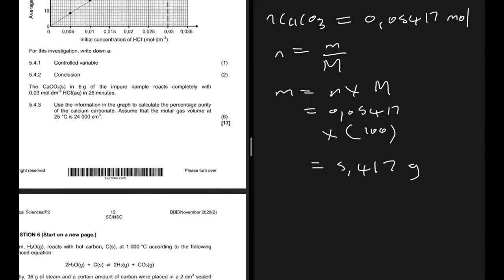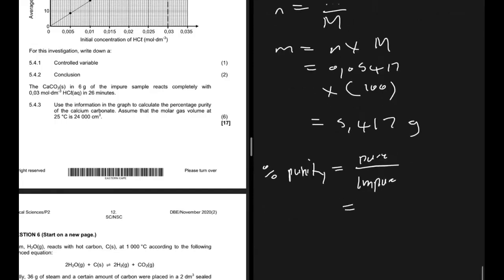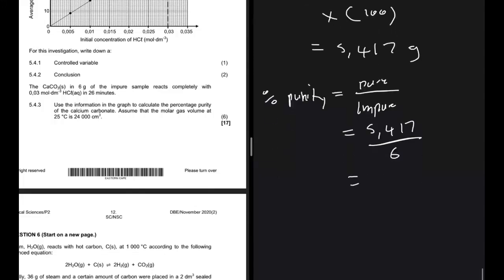So to find percentage purity, we're going to say percentage purity equals pure substance divided by impure, right? The whole substance. So this is going to equal 5.417 divided by 6, which is, let me just put that in my calculator real quick, which equals 0.9027.